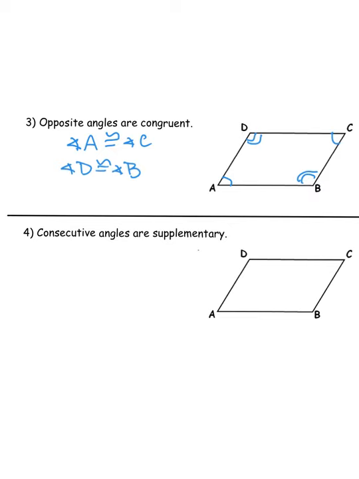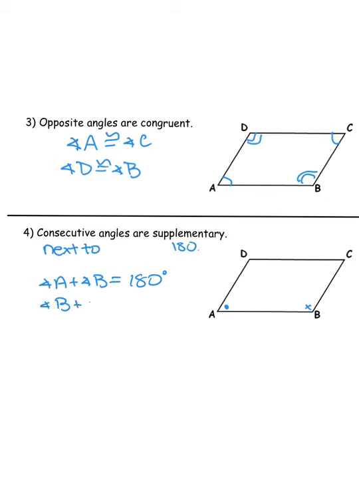The fourth property that you should remember is that consecutive angles are supplementary. Consecutive means next to, and supplementary means adds to 180 degrees. So angle A plus angle B adds to 180.